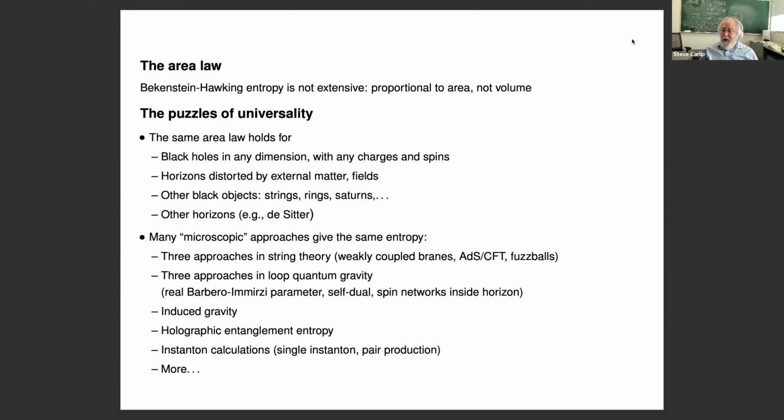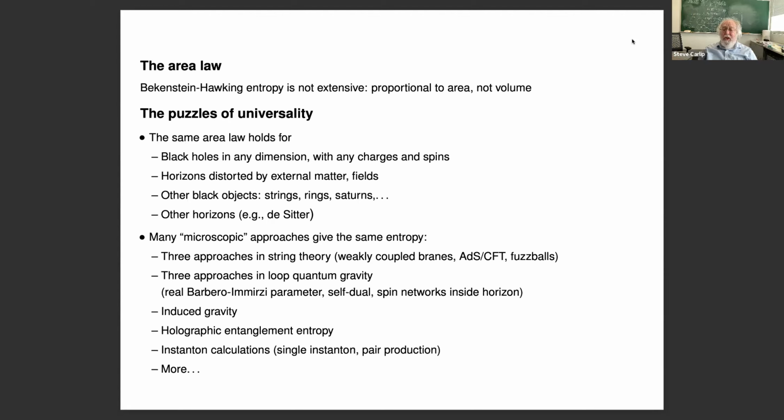You can look at instanton calculations, the original Gibbons-Hawking calculation of black hole entropy, but also, for instance, you can compute the probability of a pair of black holes forming, a pair of charged black holes, for instance, and compare the phase space to the phase space of a pair of point particles forming, and you get a phase space that's larger by e to the entropy.